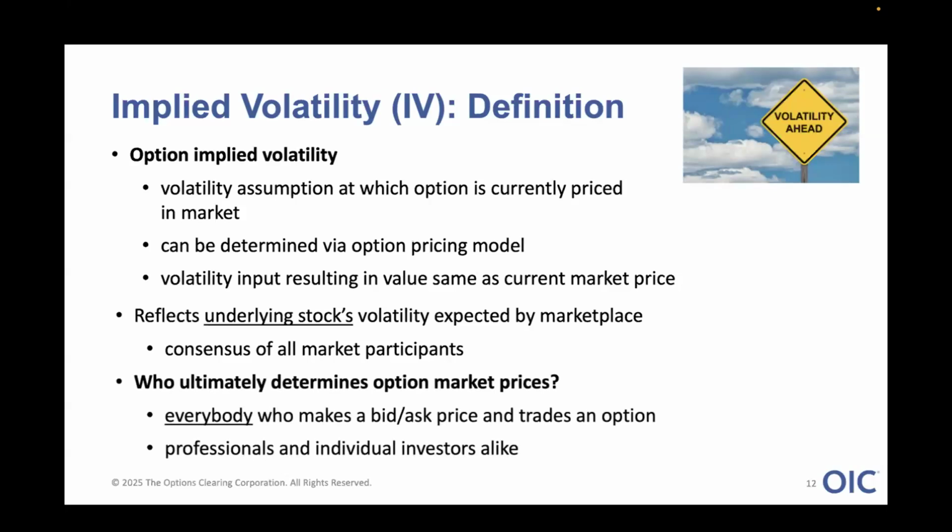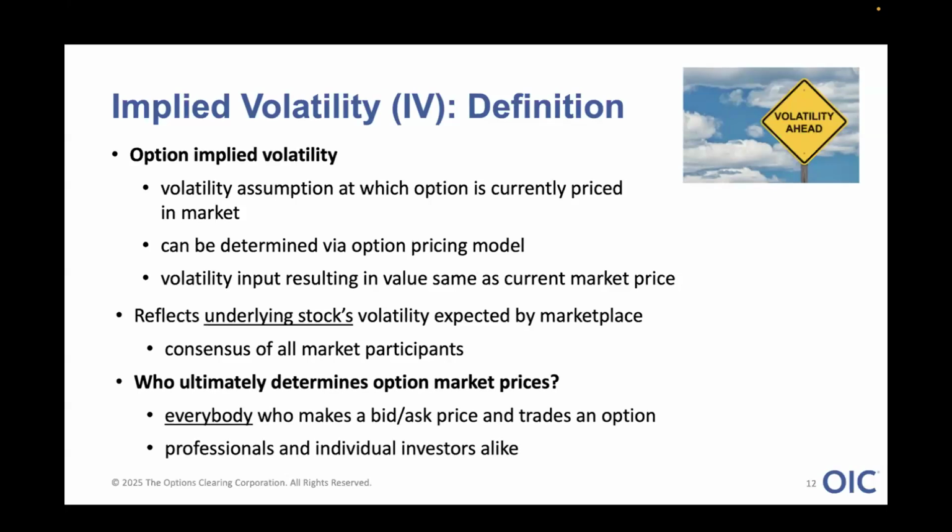So you ask yourself, well, who's making all these prices? I see bids, I see offers, I see different strikes, I see different months. Well, the prices that you see at any given time are not random. Anybody who's participating in that market is having an effect on those options prices. There's buyers, there's sellers.